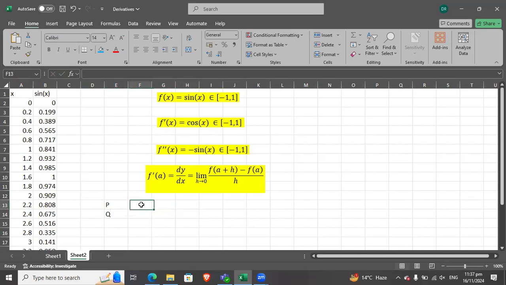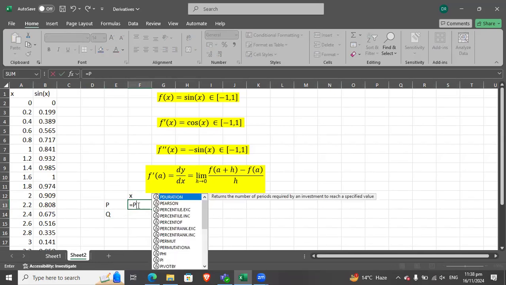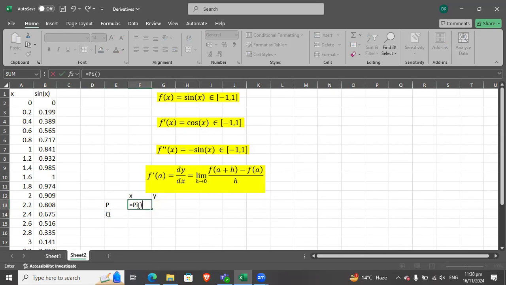So the x coordinate of the point and the y coordinate of the point. For example, any point, for example, the point pi by 2. So the corresponding y value is sine of this pi by 2 radian value.